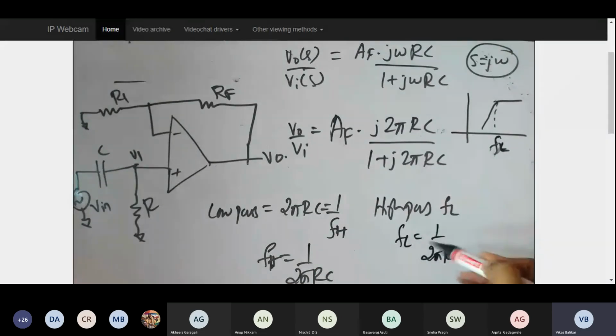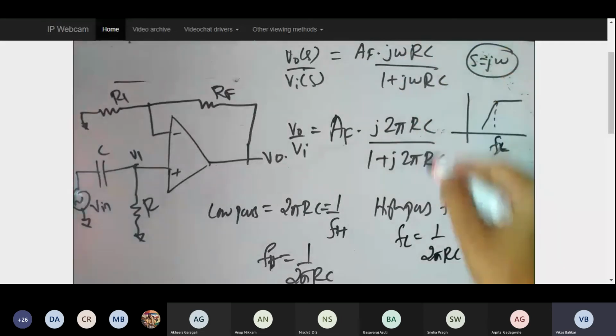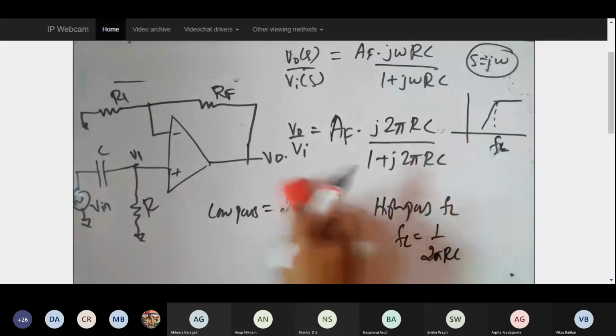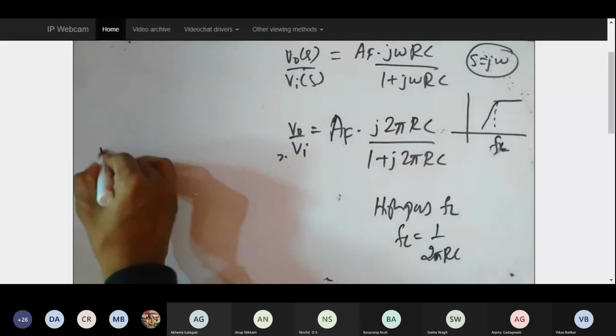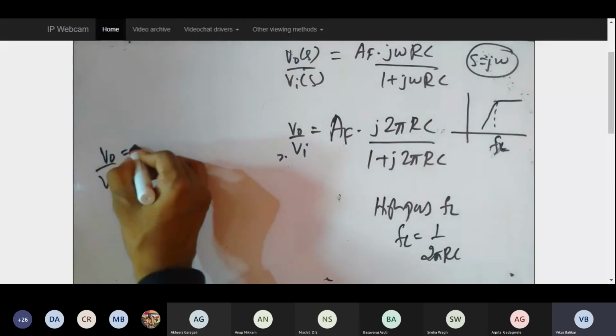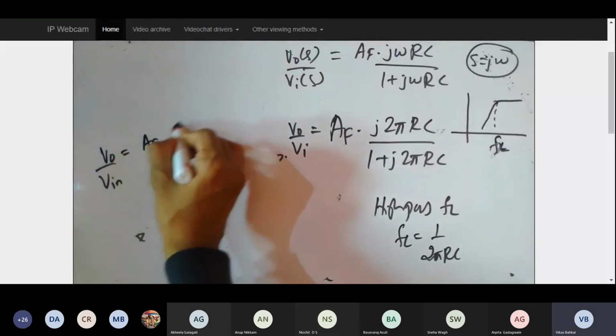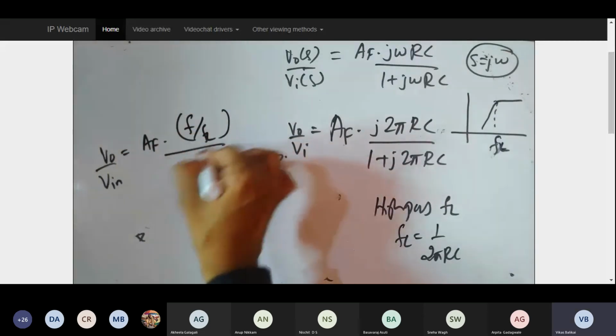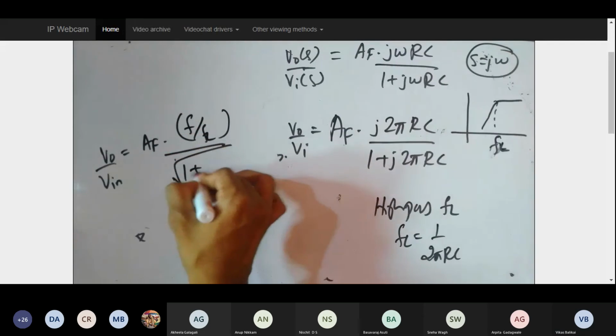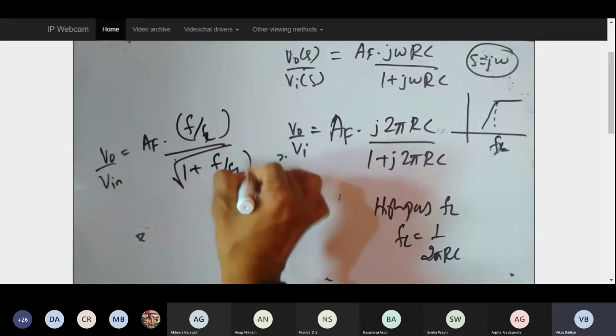And if I try to simplify it over here, the final equation I'm going to get is something like this. E naught by Vn is equal to Kf multiplied by F by FL, over the square root of 1 plus F by FL whole squared.